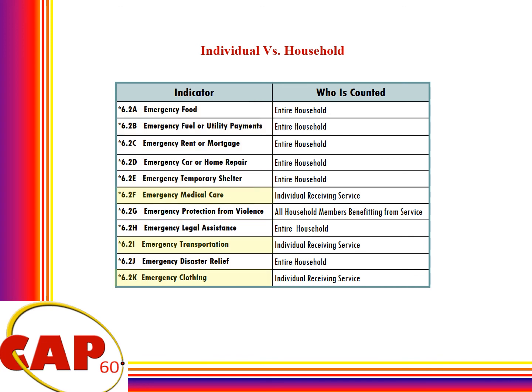Indicators 6.2F, 6.2I, and 6.2K require that you report for the individual receiving the services. And finally, indicator 6.2G requires that you report for all household members benefiting from this service.